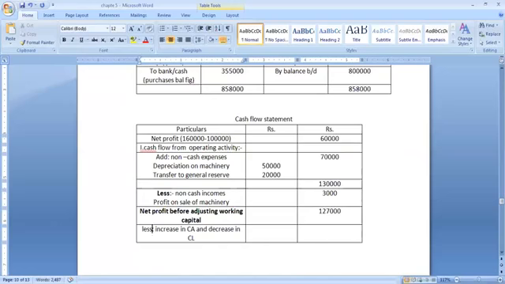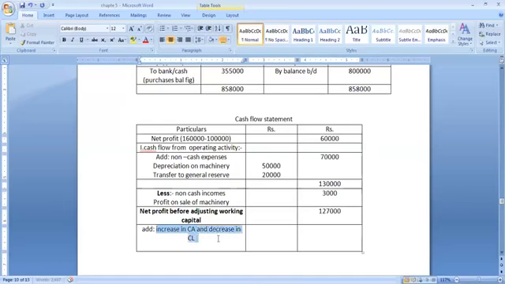You can take either way, either the add information first or the less information second. No issues, okay? So no problem. Here you take the additional information only, add the decrease of current assets and increase of current liability.